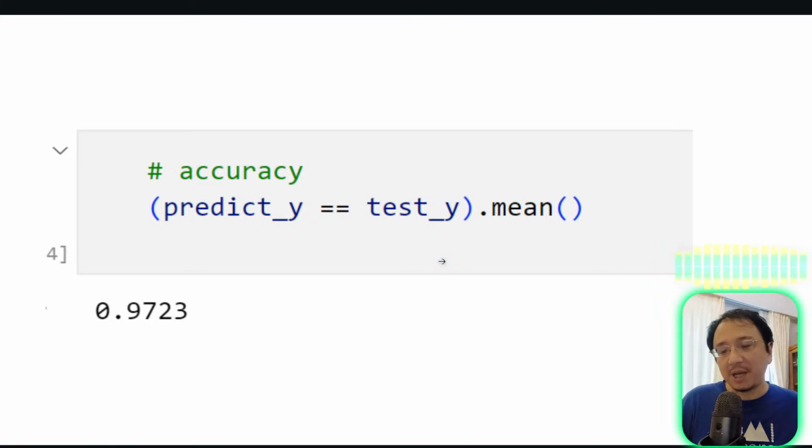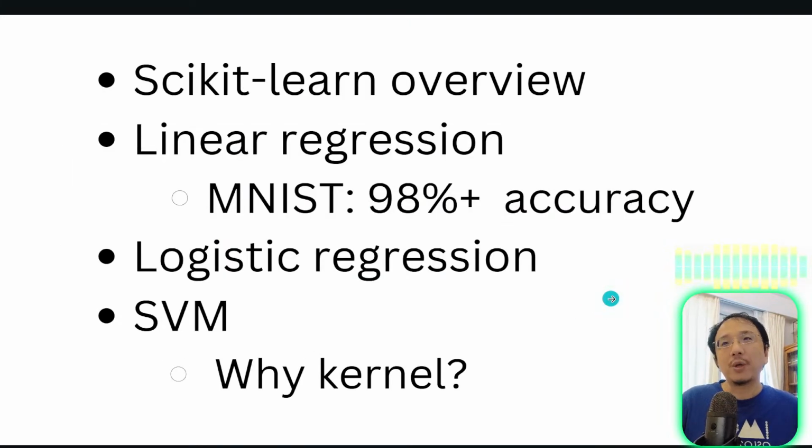So what can we expect from more advanced techniques like machine learning or other techniques in Scikit-learn? We'll start with an overview of what Scikit-learn is. One of the highlights is that we are going to use another simple algorithm, linear regression.